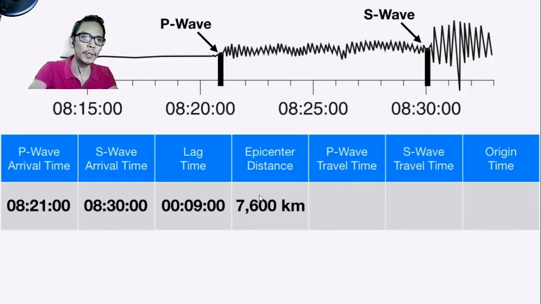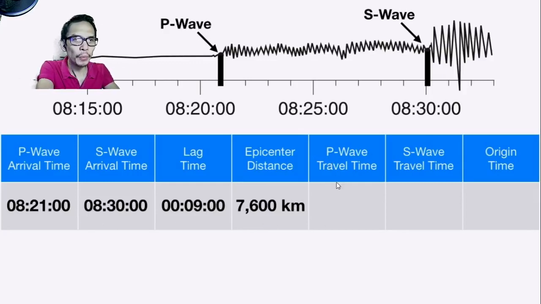Now, what is the importance of this epicenter distance? The epicenter distance will guide you to the exact location of the epicenter of an earthquake that happens in a certain area. Next one, how to find the P-wave travel time.